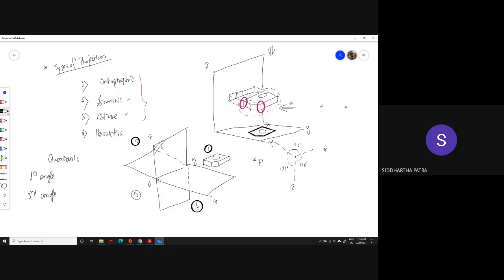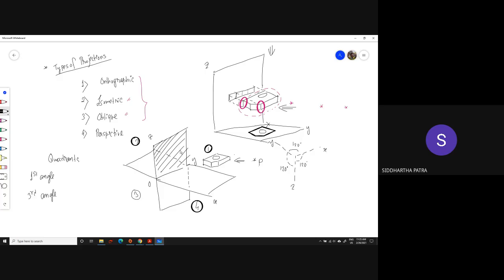So the vertical plane is this one. In this one we will find the front view. The object lies between the observer and the screen. So whatever I can see from here would be shown on this YZ plane of ours, the positive YZ plane.